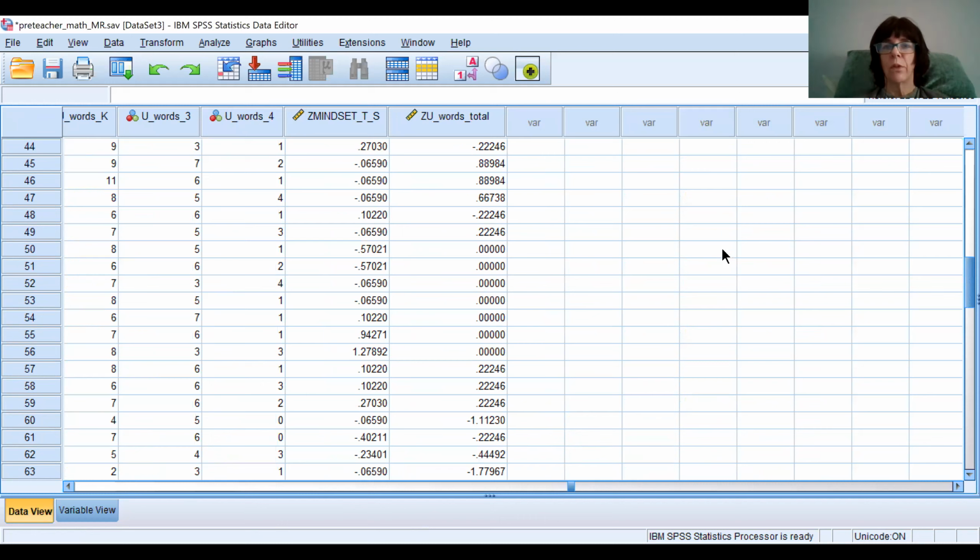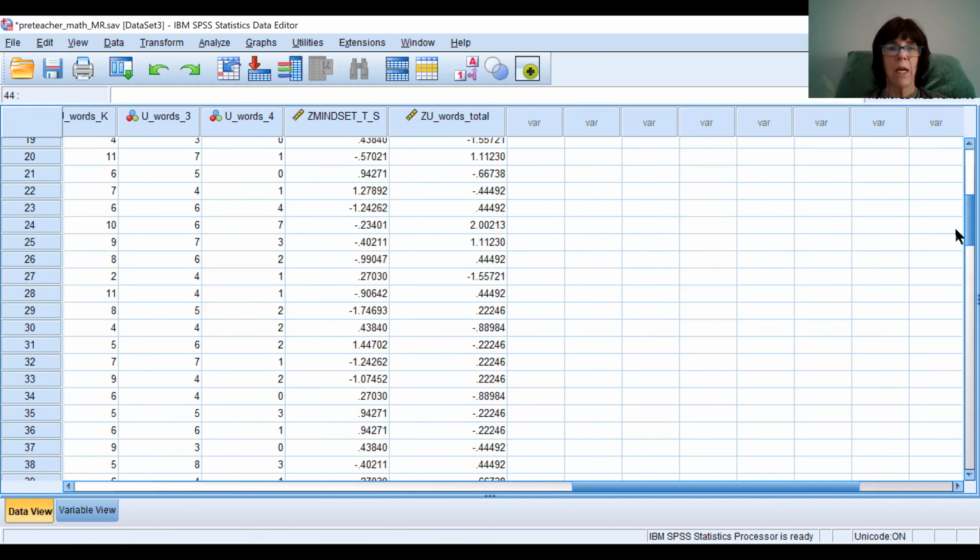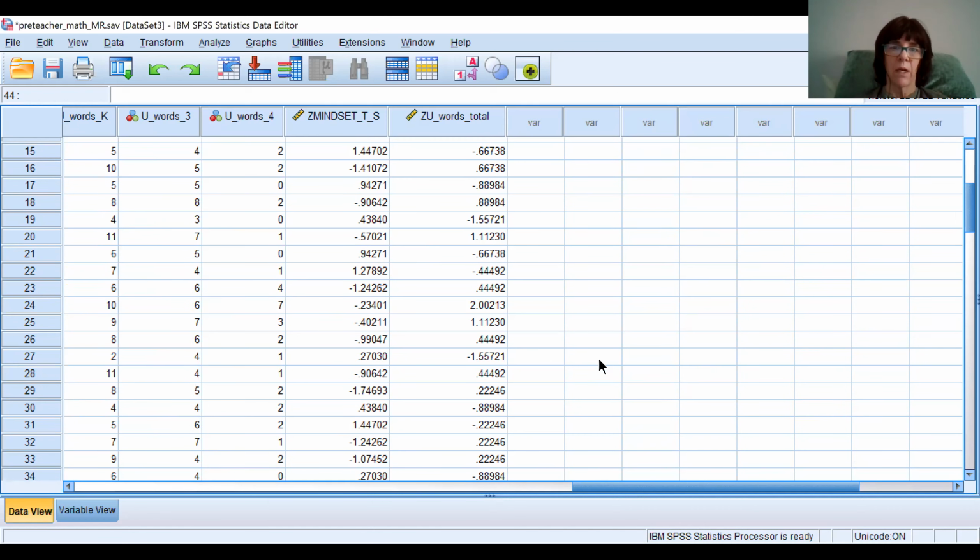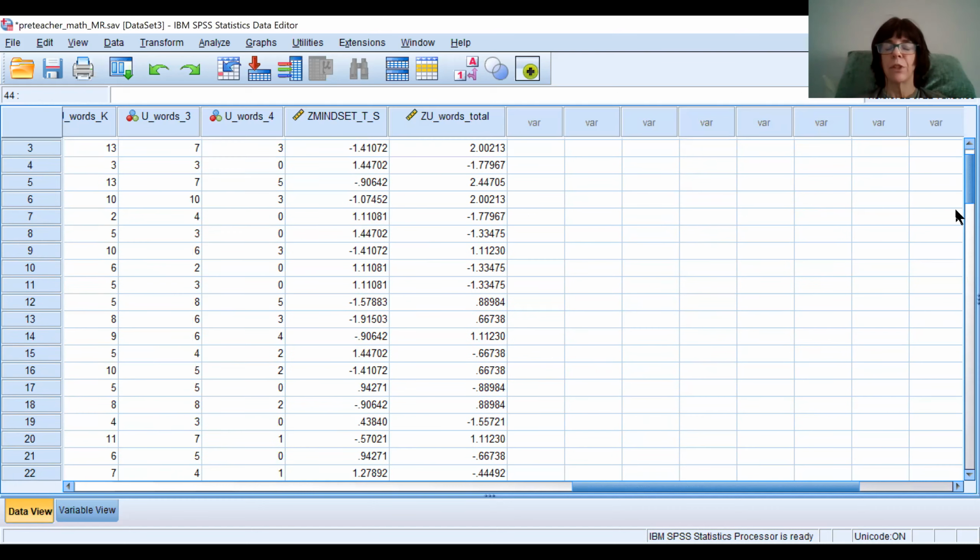And you'll see if you look at the data view that these look like z-scores. Many of them, the ones close to the mean, are in the 0 range. Some of them are negative. There's a positive 2, so that's 2 standard deviations above the average.